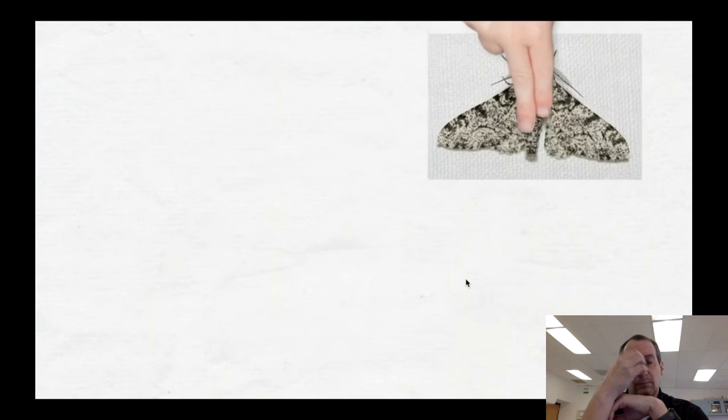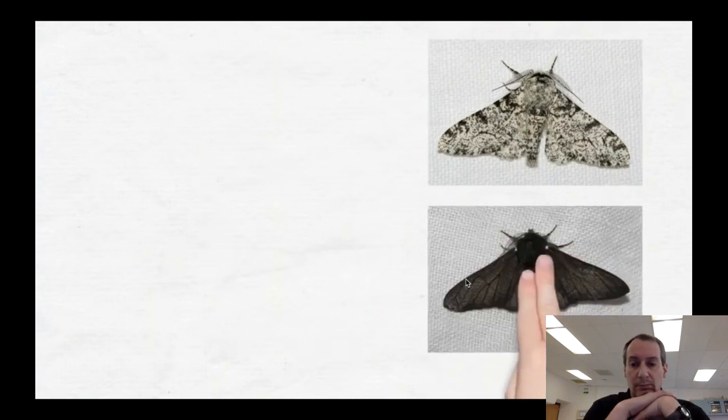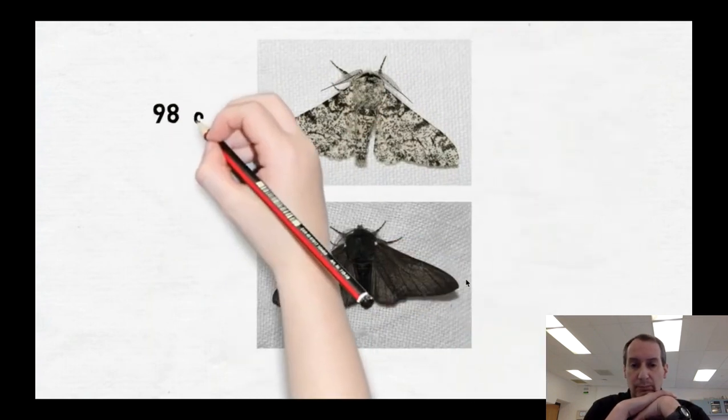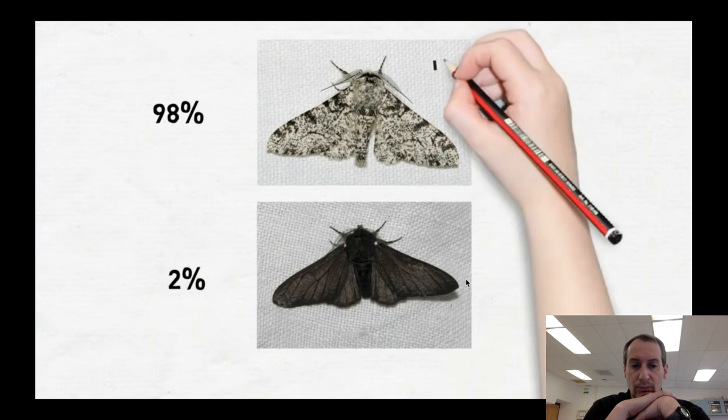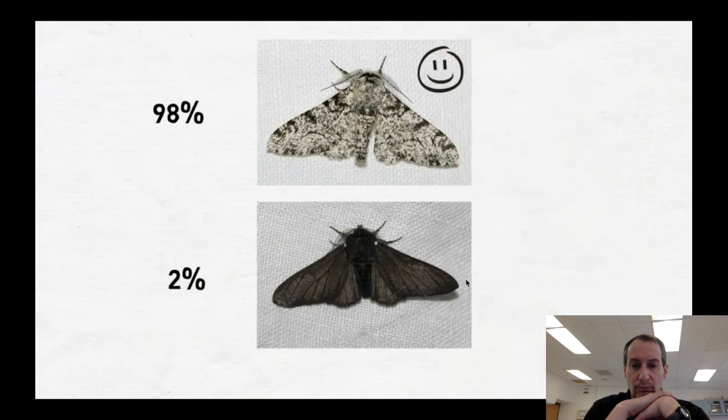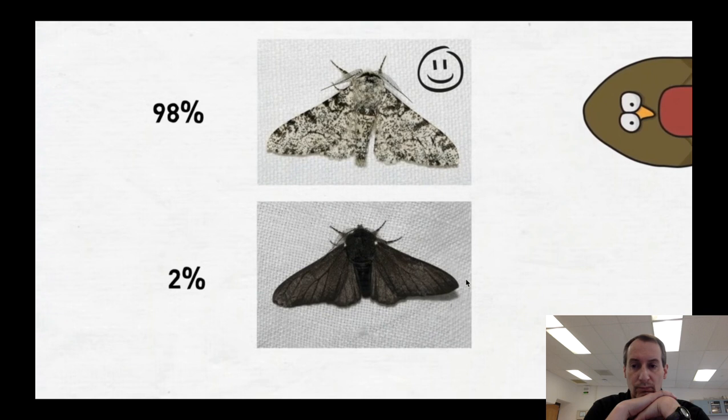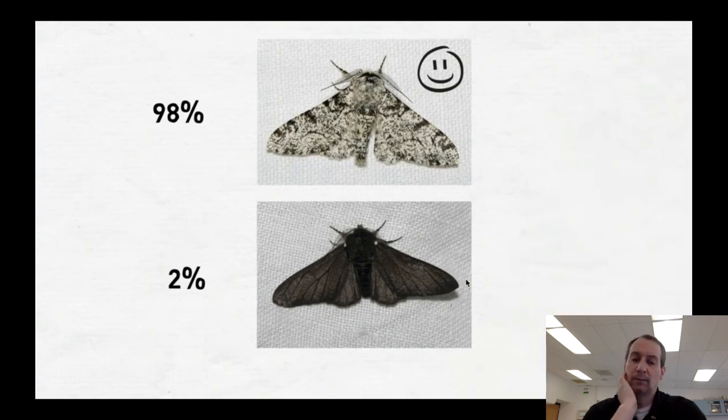Confused? Take the peppered moth. In London in the early 1800s, 98% of peppered moths had light-coloured bodies. Only 2% were dark. The light moths were very happy because they were the same colour as the trees, which meant that they could easily hide from hungry birds. The dark-peppered moths were easy to see and, well, eat.